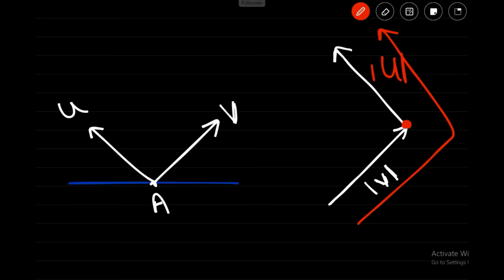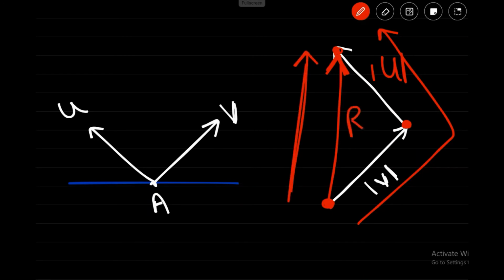And now if you want to find the resultant of these two, you will draw an arrow that is connected tail to tail with the first vector and head to head with the last vector. So this is opposite to the order.